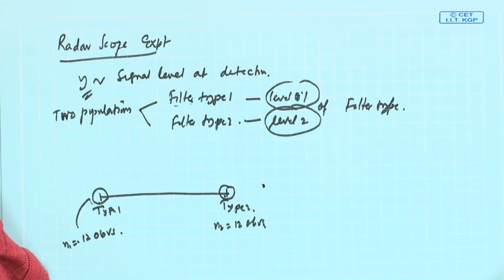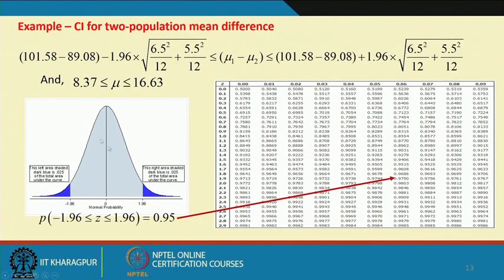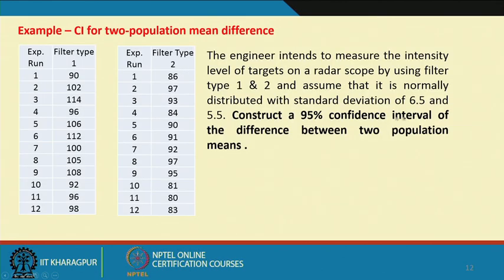Now, what have we computed? We have computed the mean y for population 1, that is filter type 1, and filter type 2, and the variances 6.5 and 5.5, is it given? Yes, 6.5 and 5.5, and the standard deviation, which is the square root of variance, is given.